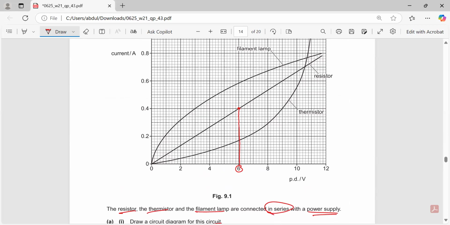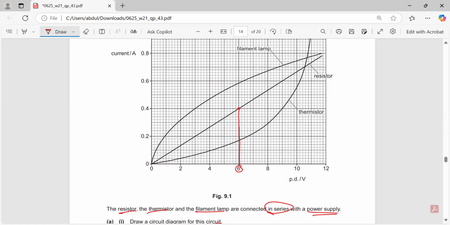We will see what is the current flowing through the resistor. Whatever the current flowing through the resistor, the same will be the current flowing through the lamp and thermistor. The reason is they are all connected in series, there is only one path for the flow of current, and current through every point in a series circuit stays the same.